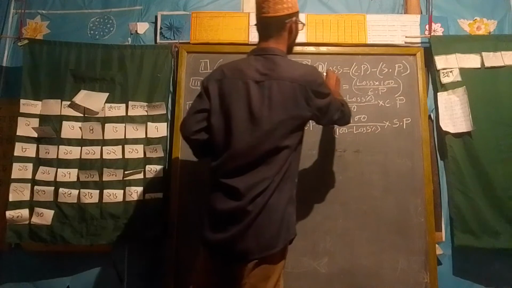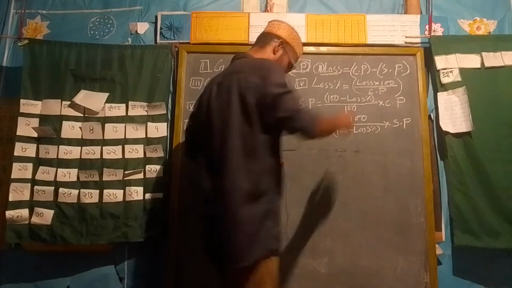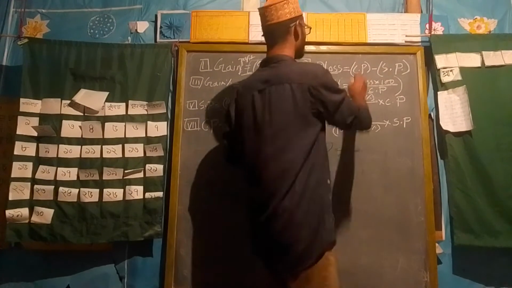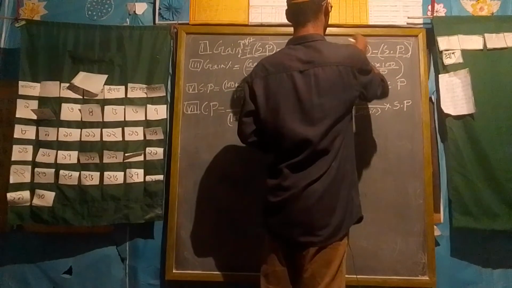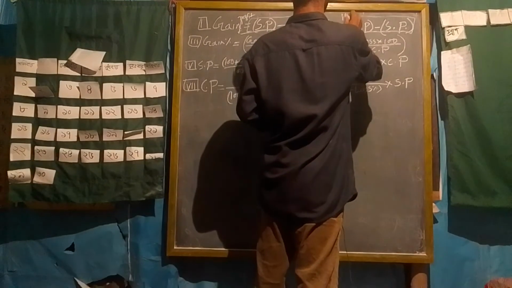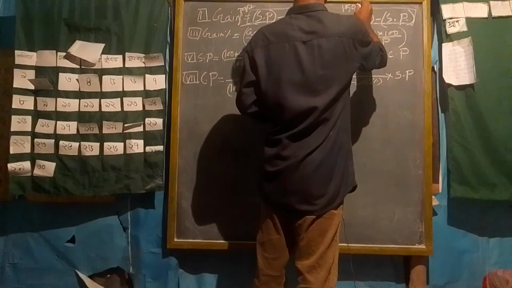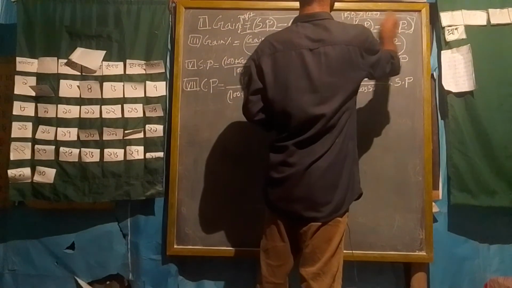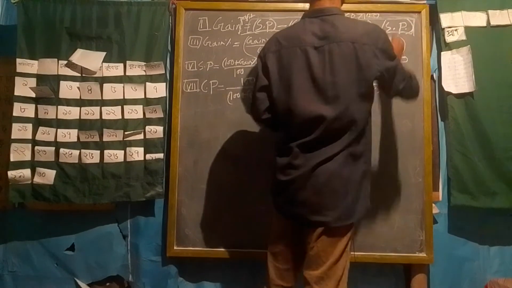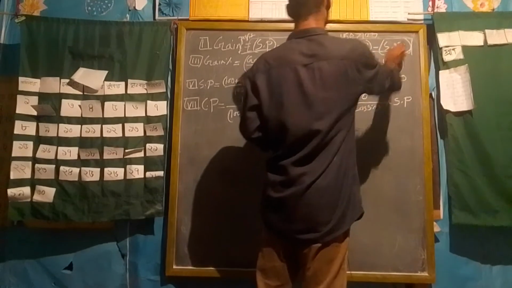And loss is incurred when the cost price is greater than the selling price. For example, if the cost price is 150 and the selling price is 100, in this situation we incur a loss, because the cost price is greater than the selling price.